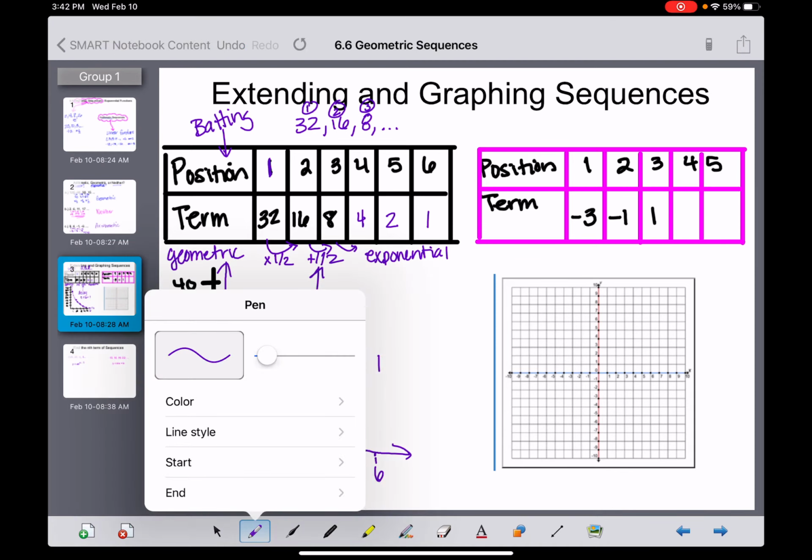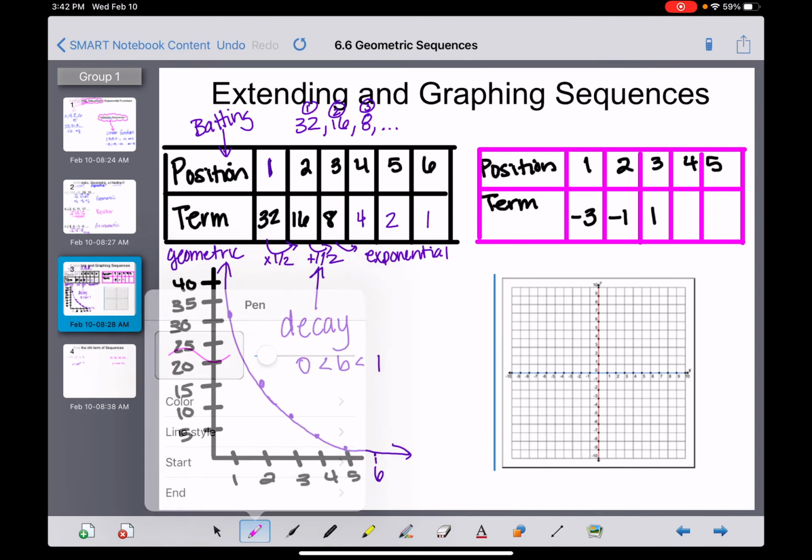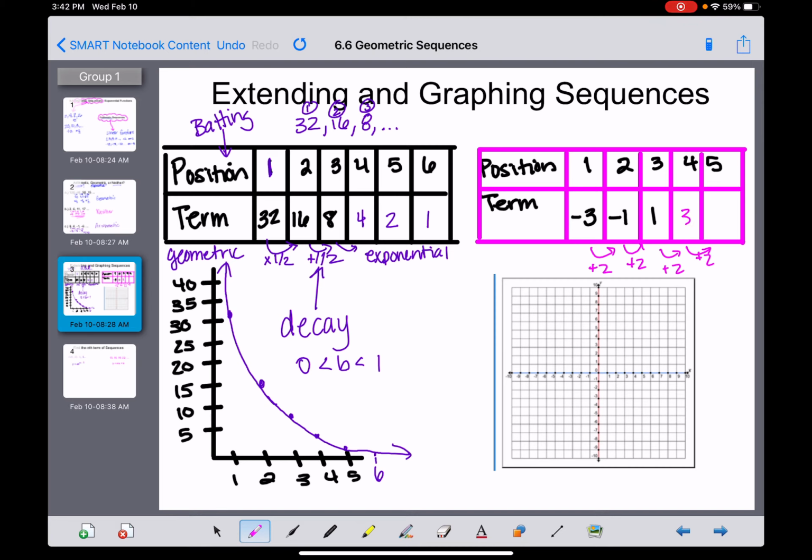Our second example looks like we have a pattern of adding 2. So when we add 2 to each value before, we end up with 3 and 5. A consistent pattern of adding 2 or subtracting is an arithmetic sequence, which will create a linear function.